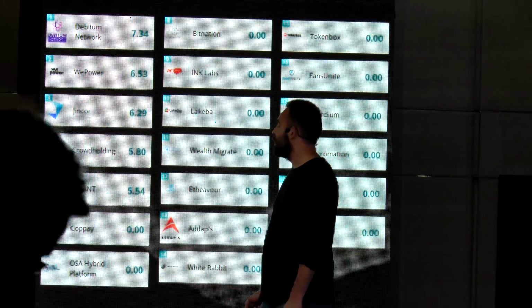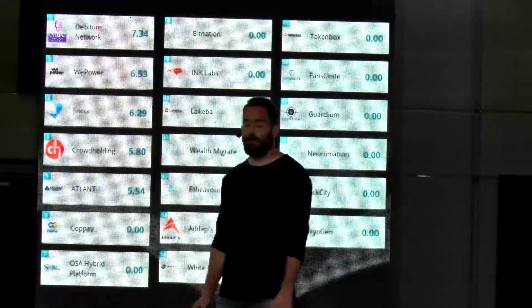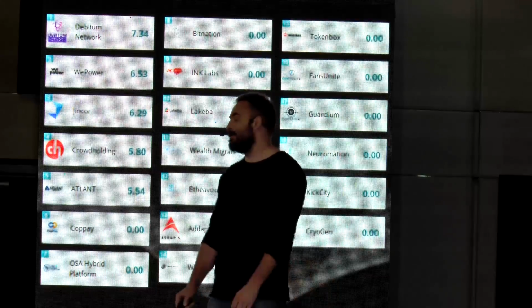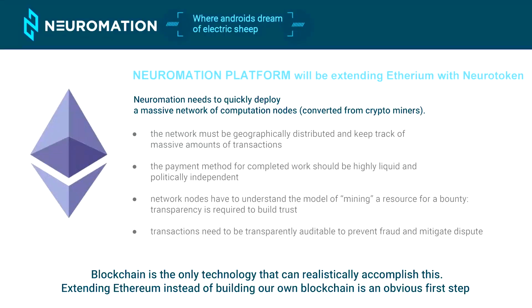Now the question is, why do we need blockchain for that? Well, the reason is that we instantaneously need to create a worldwide transactable market. That is, let's say we want to deploy 1,000 GPUs in China for certain jobs that we have to create a synthetic data set or train the neural network.